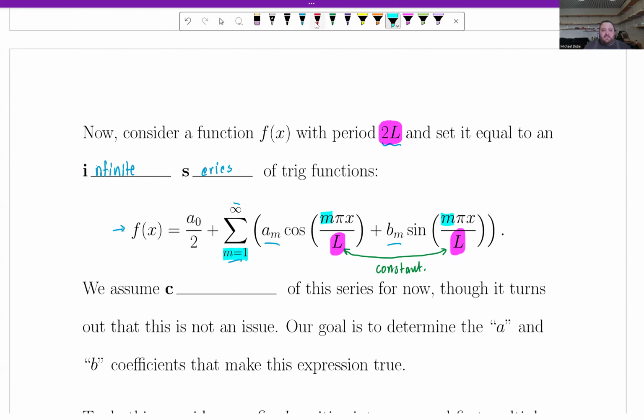And so that means each successive term in the sum will have a period smaller than the previous term.